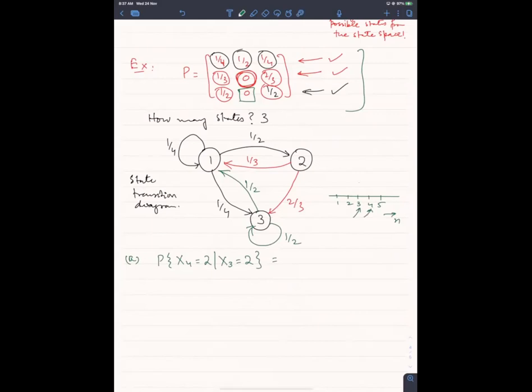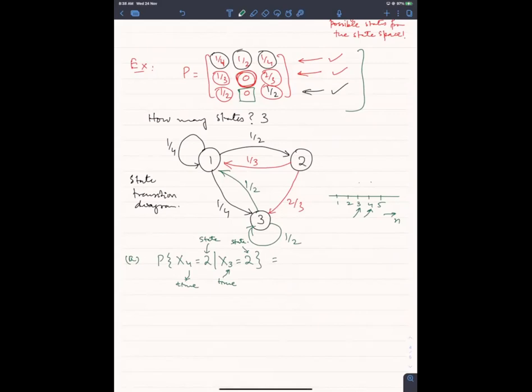So 3 से आपने 4 पे जाना है. So what is the probability you will go from state 2 to state 2? टाइम 3 के ऊपर you are at state 2 and टाइम 4 के ऊपर you move to state 2.